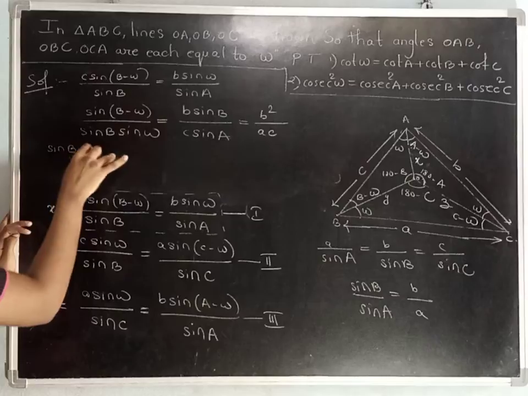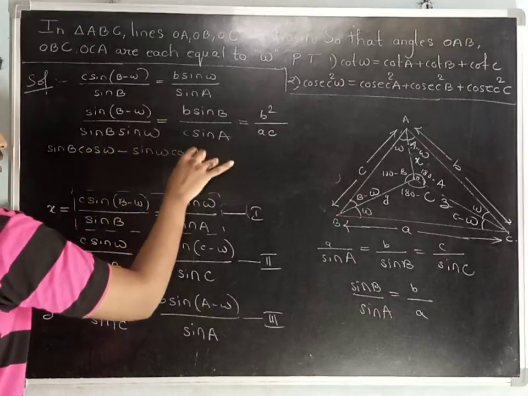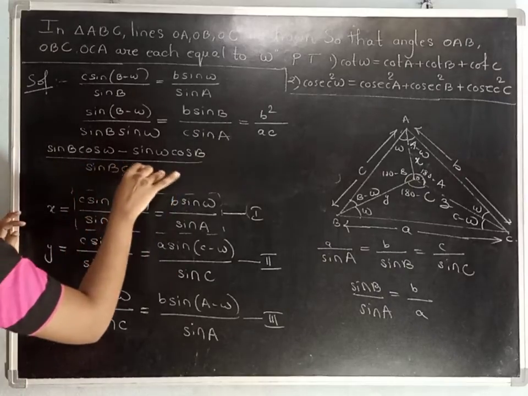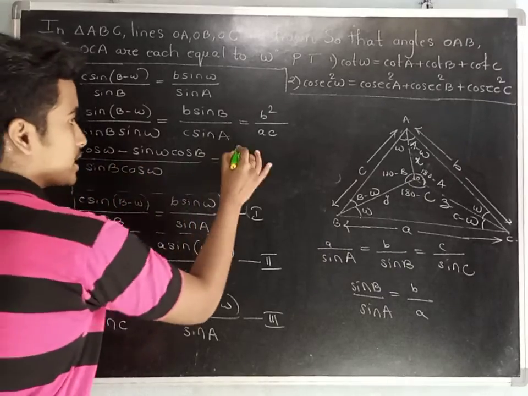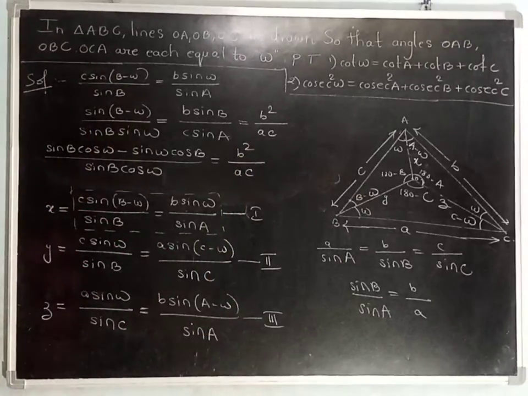Sin B cos omega minus sin omega cos B by sin B sin omega. It is nothing but B square by AC. Right?